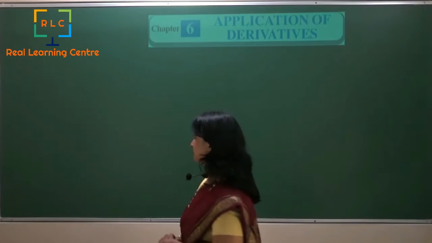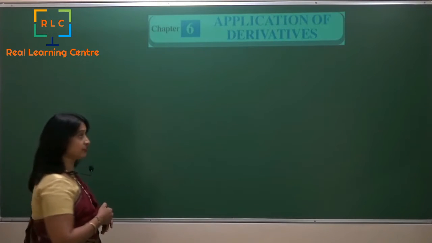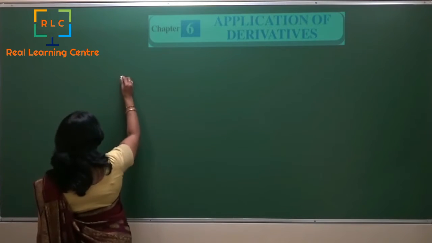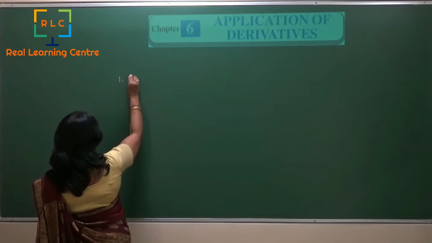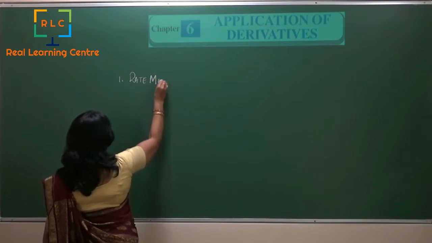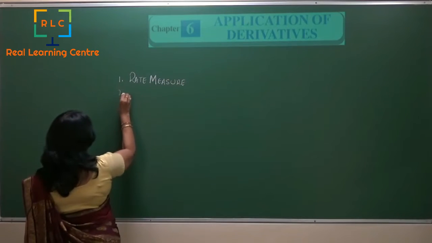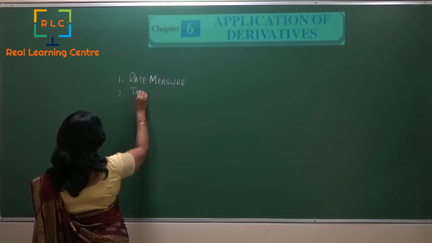If I tell you the chapter names, you will understand how all we can use differential calculus. See, the first chapter is rate measure. Then second one I'll keep tangent and normal.